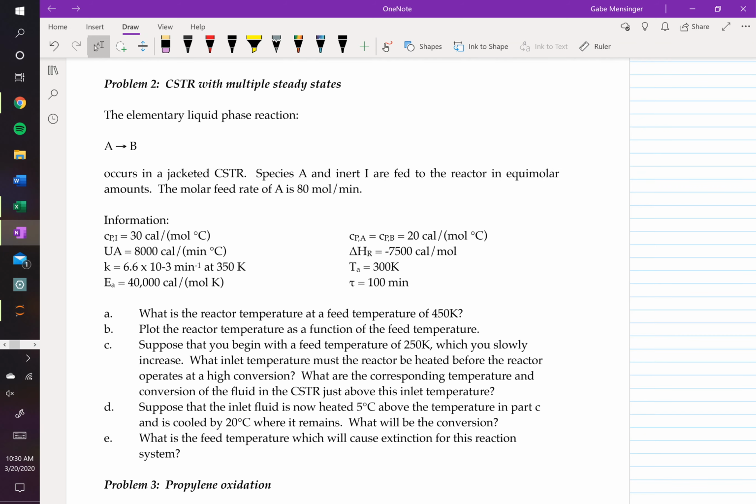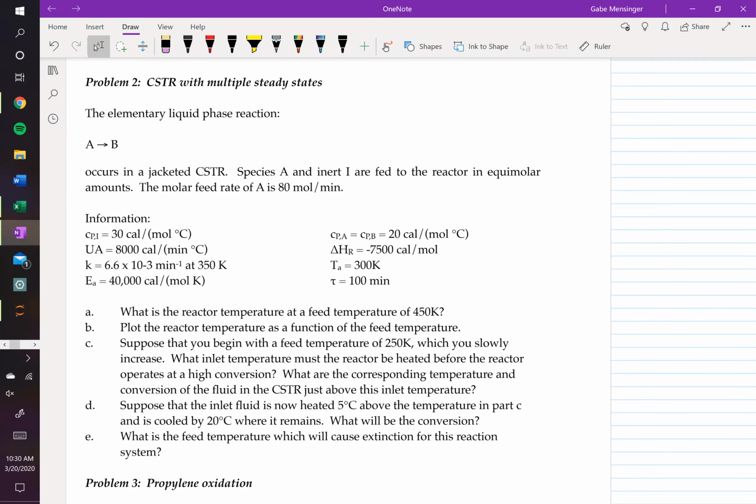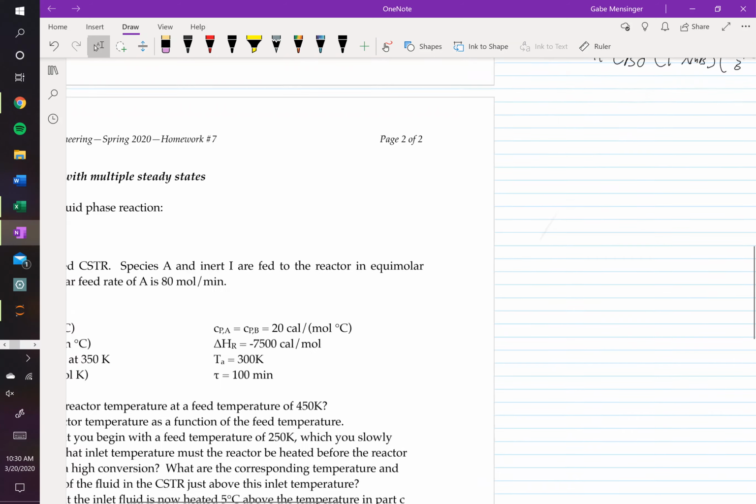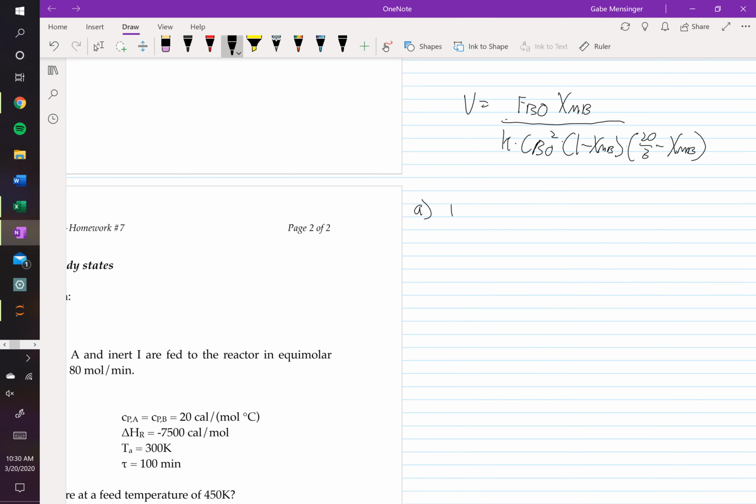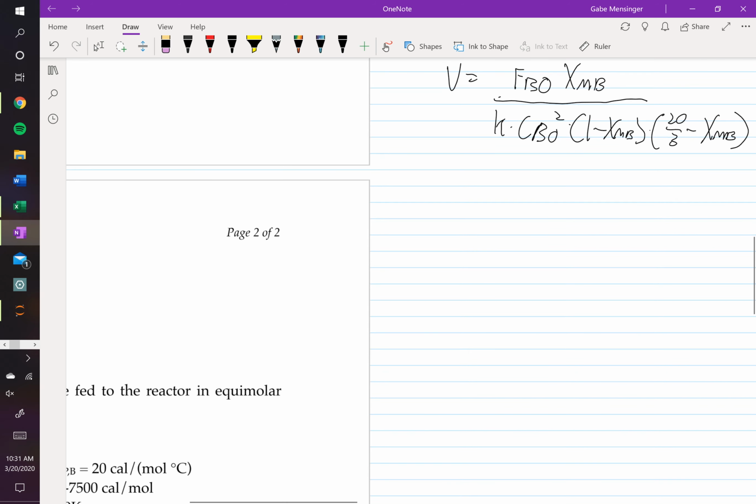At this point, the knee-jerk reaction would be to start with either a mass or an energy balance, and that is a good way to go. So let's start with the easier one, the mass balance. As always with the mass balance, we start with the design equation.